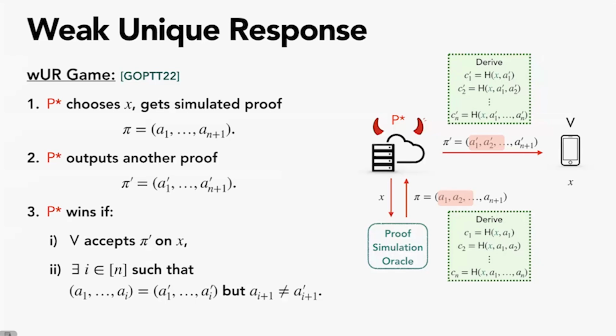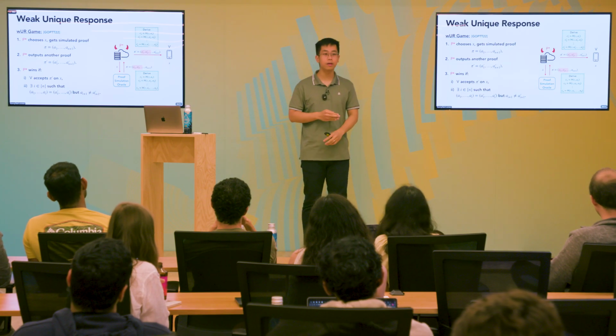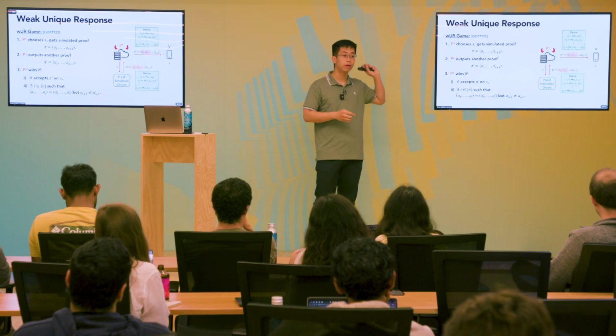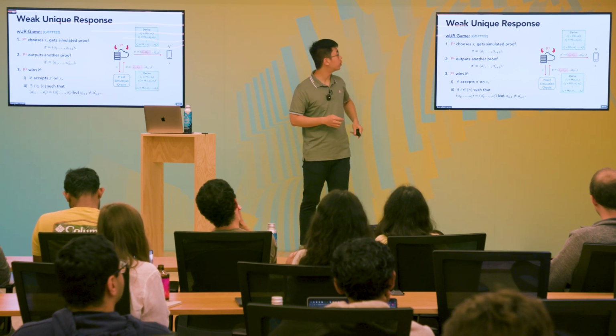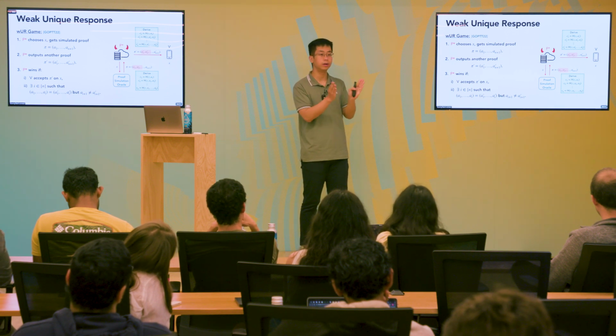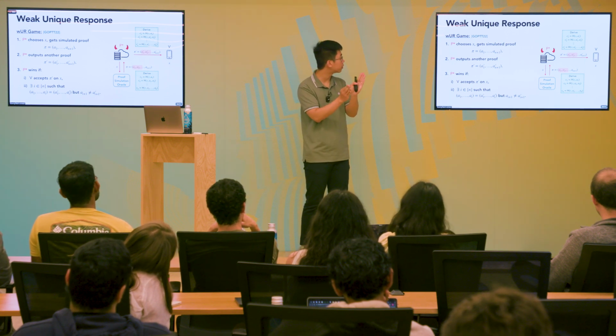The components here just means the individual messages, A1, A2, and so on. So they agree up to some point, but then they diverge. The prover wins if it manages to do this. So it takes in some proof and produces another proof where there's a branching after some components or rounds.